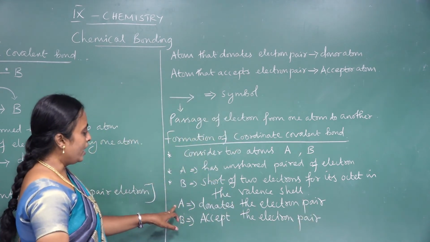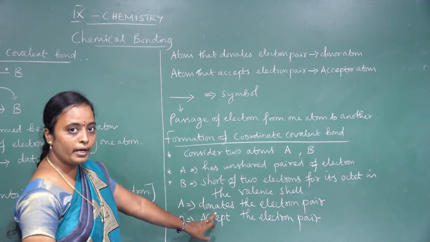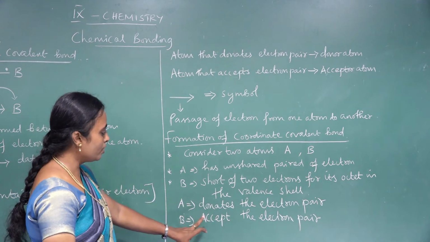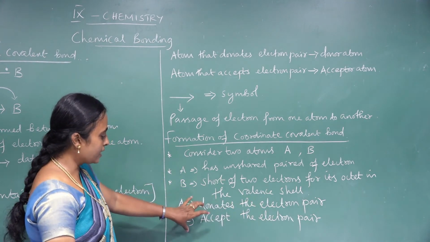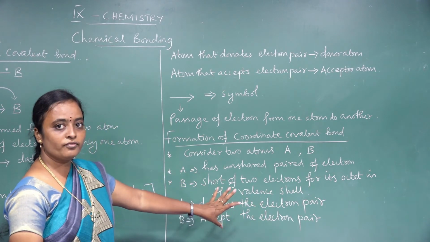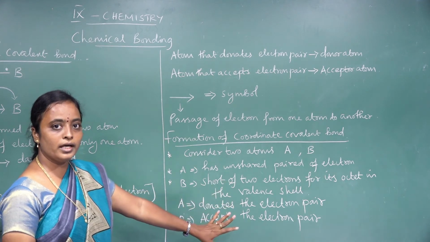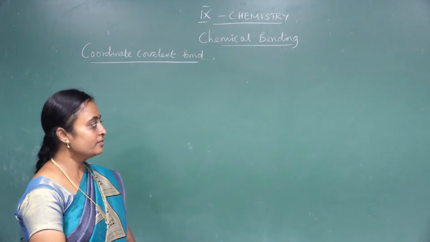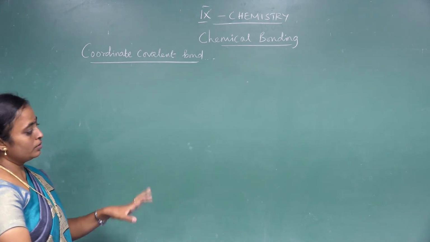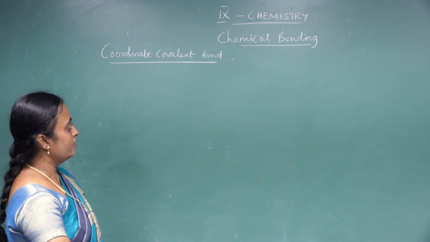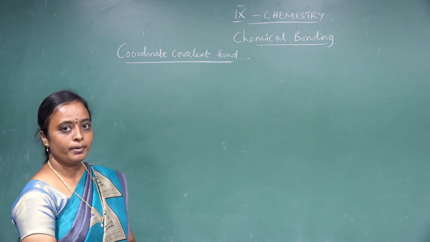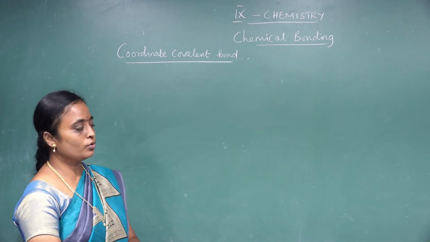Okay, so A donates the electron pair and B accepts the electron pair. Whenever this acceptance happens, it leads to the formation of a coordinate covalent bond. Next we are going to see how a coordinate covalent bond forms. So A should have an unshared pair of electrons and B should accept those electrons.